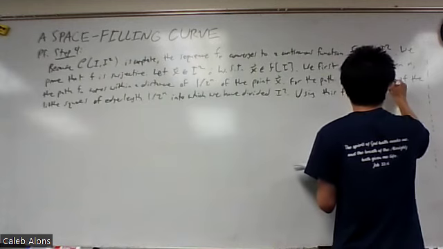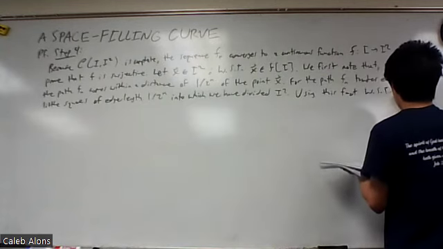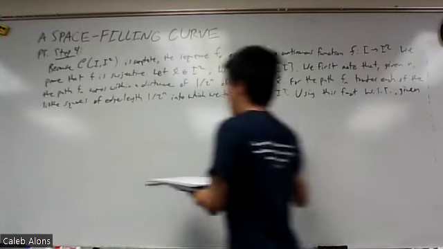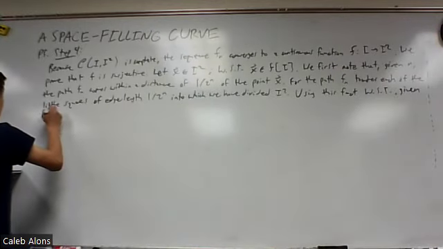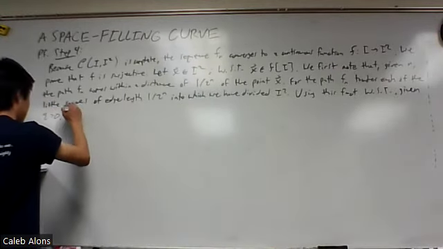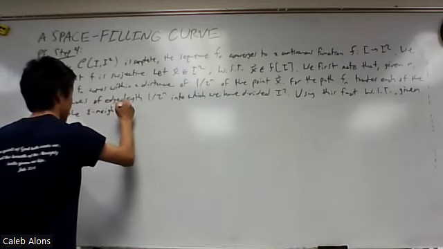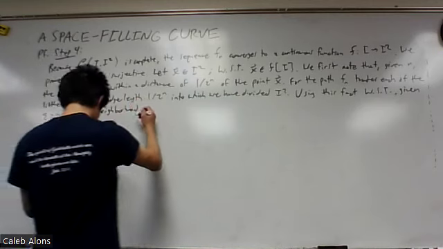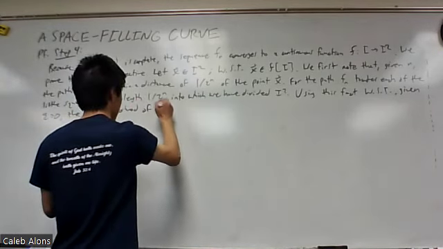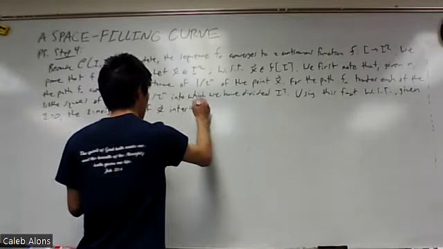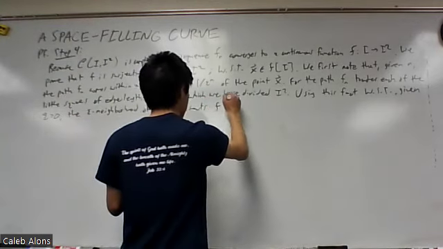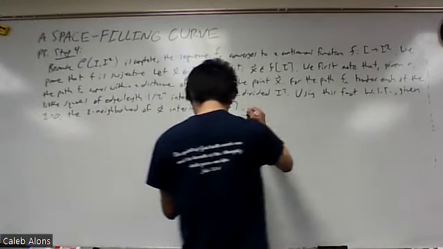So using this fact, we show that given a positive epsilon value, the epsilon neighborhood of our point intersects the image of the path.